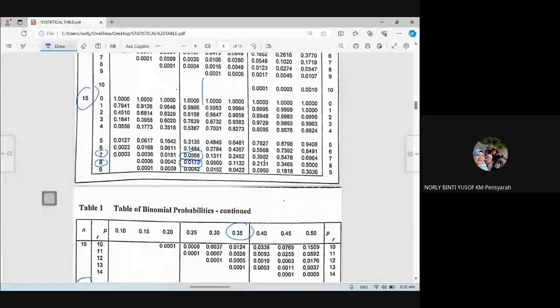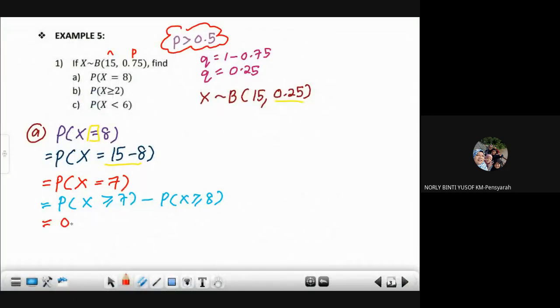So tolakkan dia lah. 0.0566 tolak dengan 0.0173. Yang dekat bawah tu repeated macam mana you baca table for greater or equals to. Cuma you apply the changing concept because of P greater than 0.5.